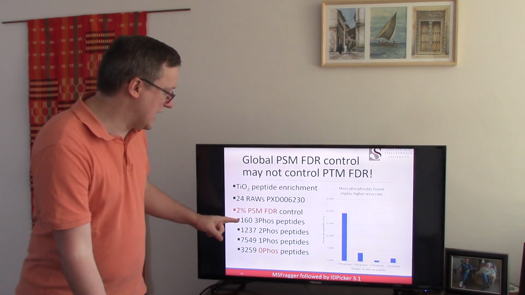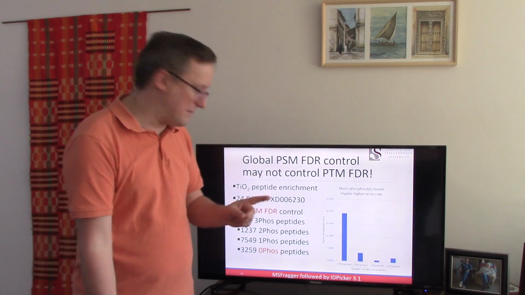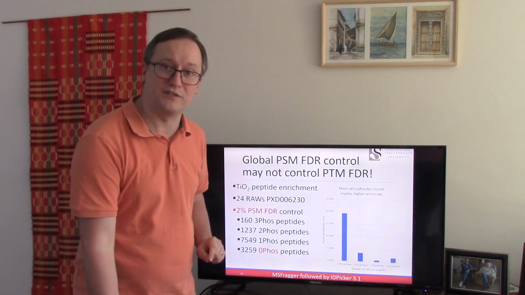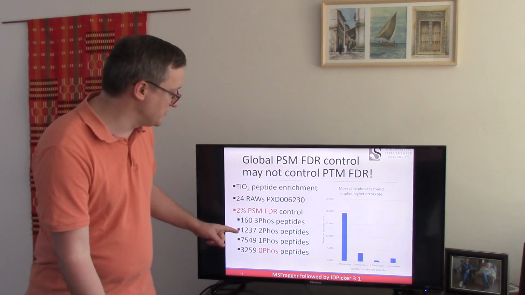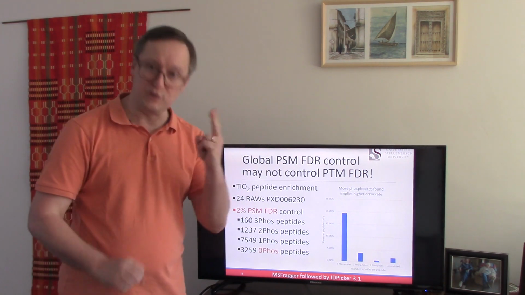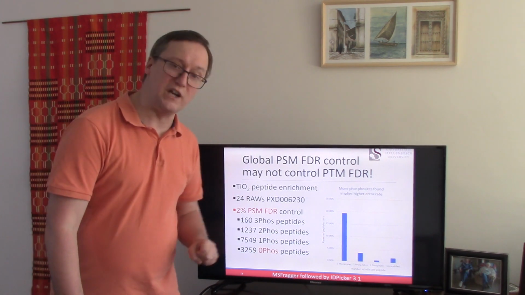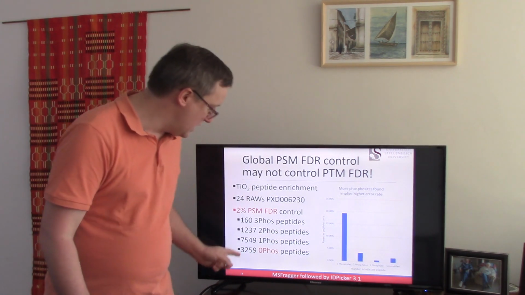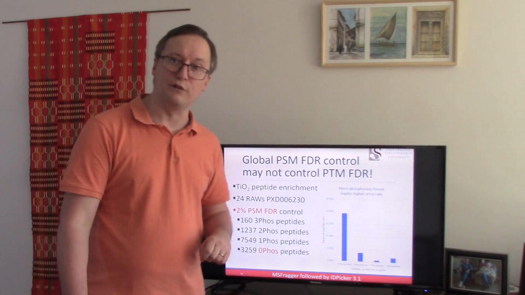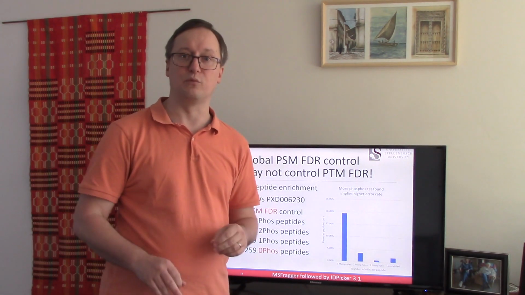What we see is that 160 different peptides are observed with 3 phosphates on board. 1,237 are found with 2 phosphates on board. 7,549 are found with 1 phosphate on board, and about 3,259 are found with no phosphates on board.